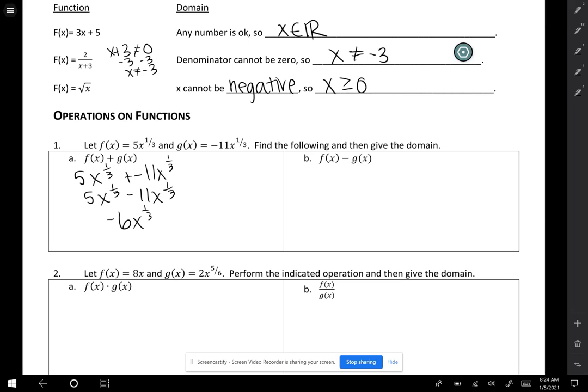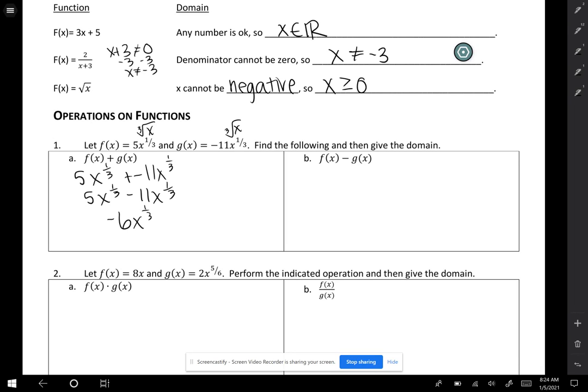Now, when we look at the domain, we first look at the original functions, f of x and g of x. Notice for f of x, x is to the 1/3, so that means it's like the cubed root of x. X is also to the 1/3 for g of x.